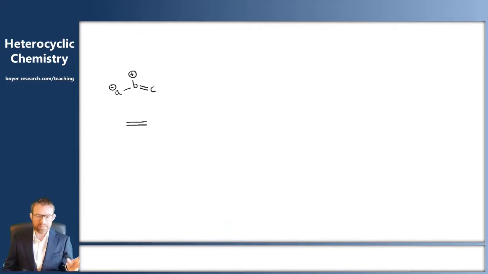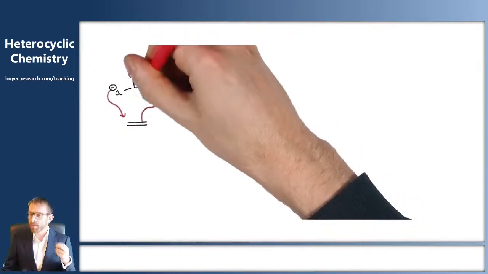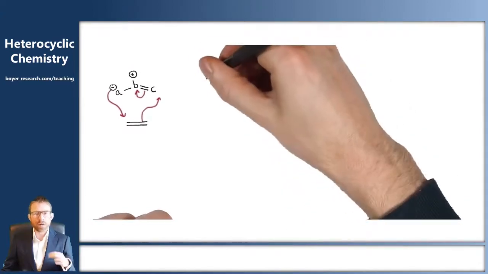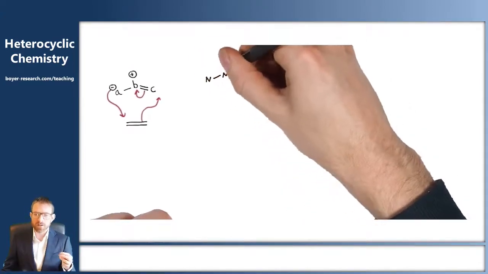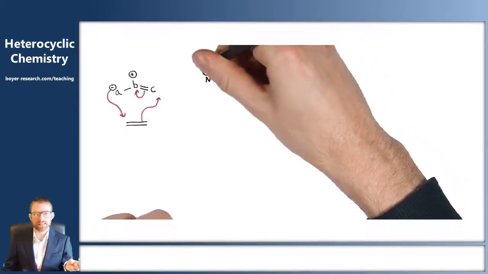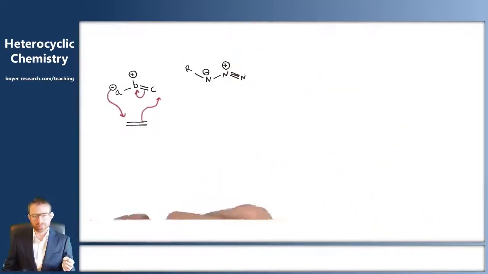So there is more negative charge on one end and more positive charge on the other one. Then, if we have a suitable dipolarophile, something like a pi system, we can draw these pericyclic arrows which go around in a circle. So we start off at the negative charge, that comes around and attacks the pi system, then neutralizing the positive charge.